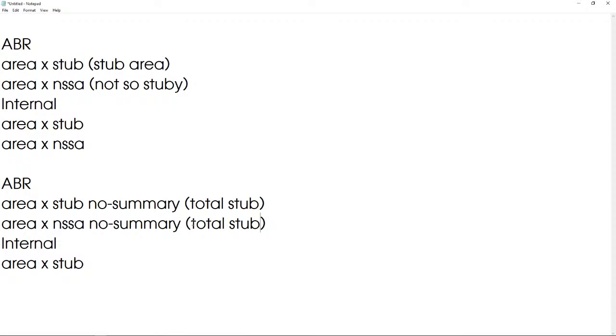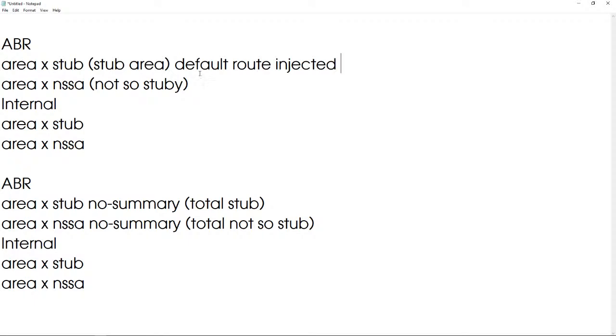Totally not so stubby. There we go. And then on the other routers, you would just do area X NSSA. So these are special cases where you want to restrict what comes in, what doesn't come in, and so on. The stub will get a default route injected automatically.